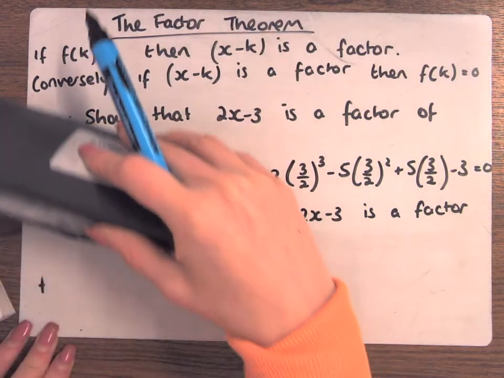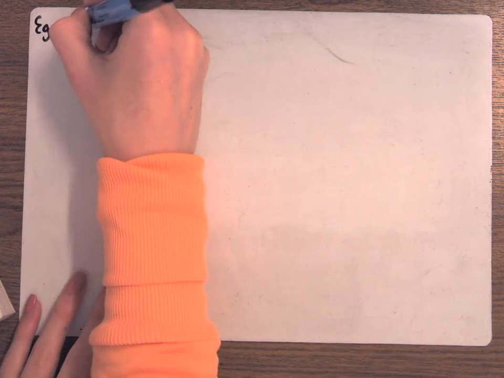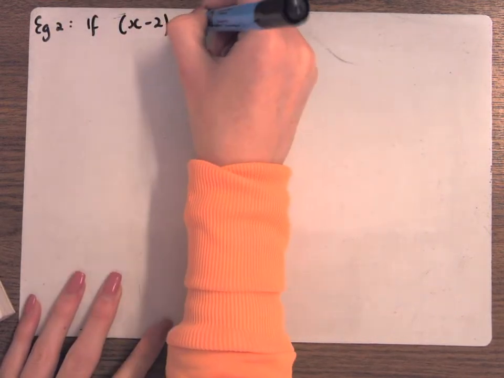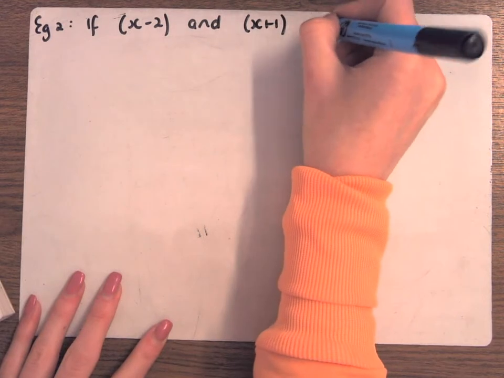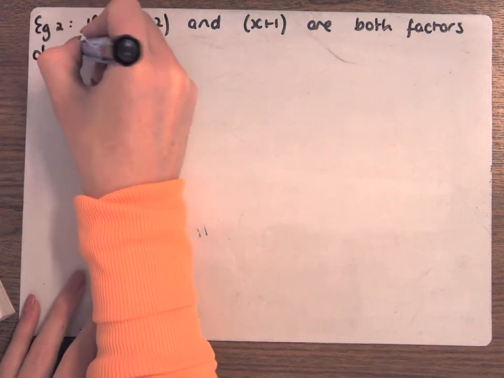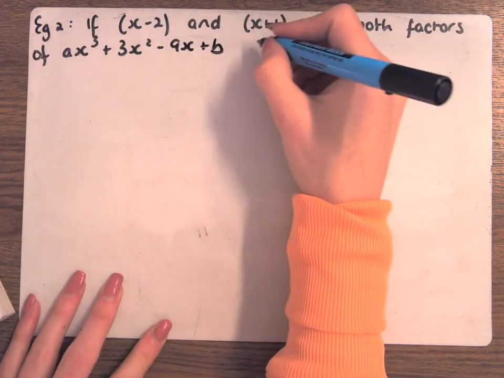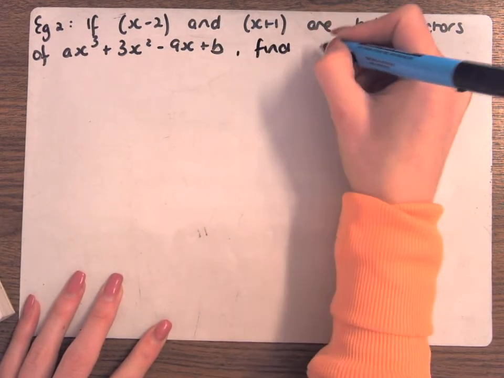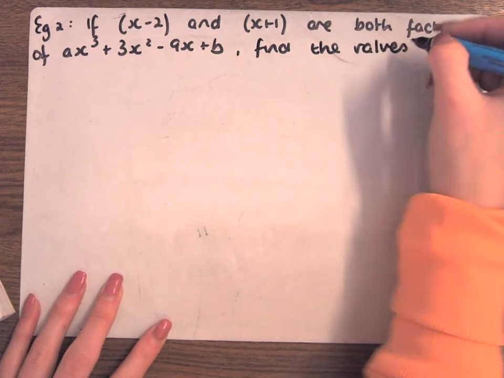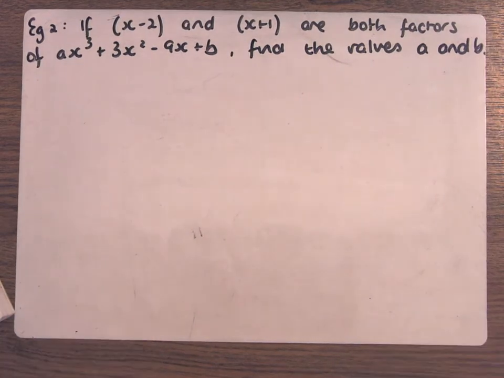Okay, example 2. So if x minus 2 and x plus 1 are both factors, find the values a and b.